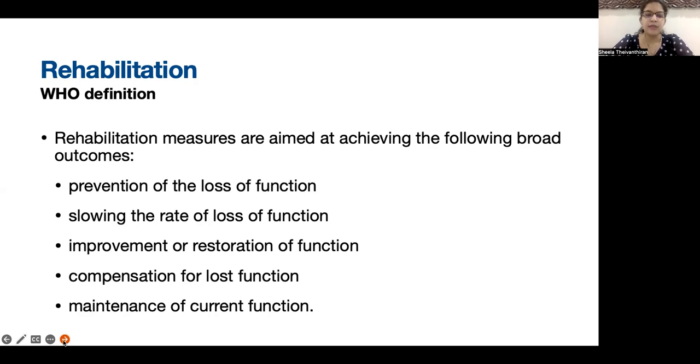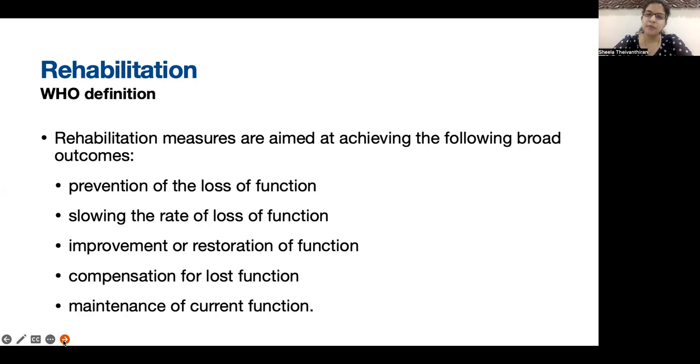Somebody who is progressively becoming worse, like ALS, or even MS or Parkinson's disease, might need some help managing their current level of function. Sometimes we give them aids and adaptations, such as a walking aid or certain things to use with their hands to help them manage the ADLs better.